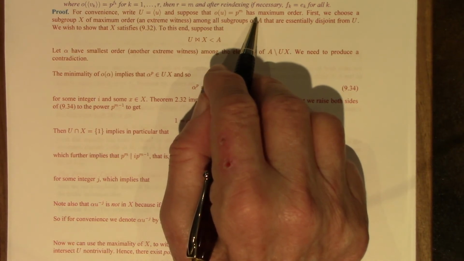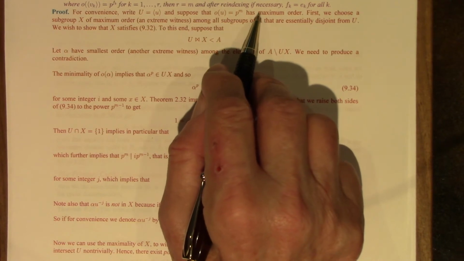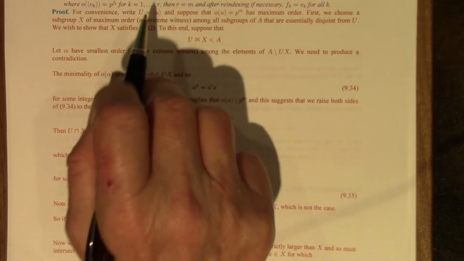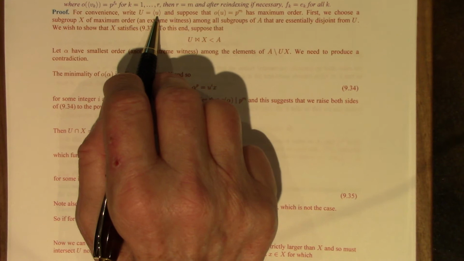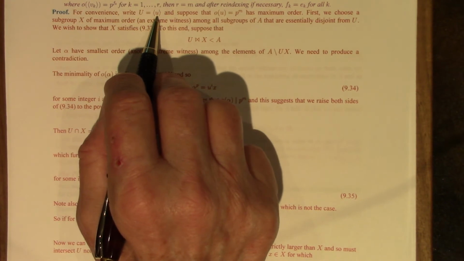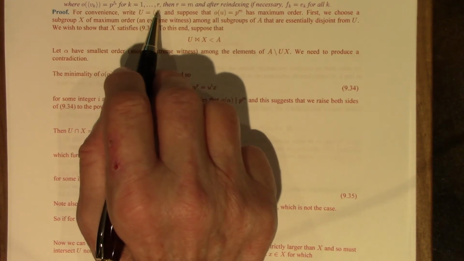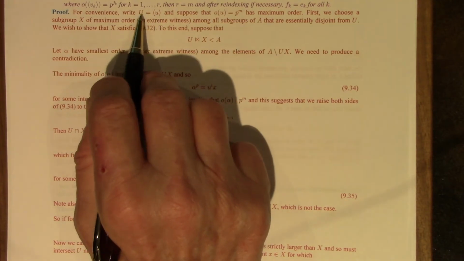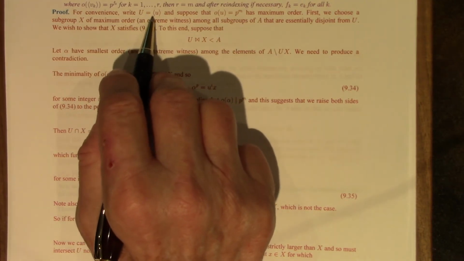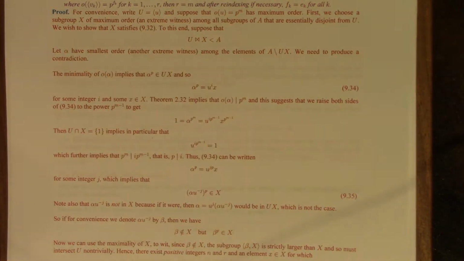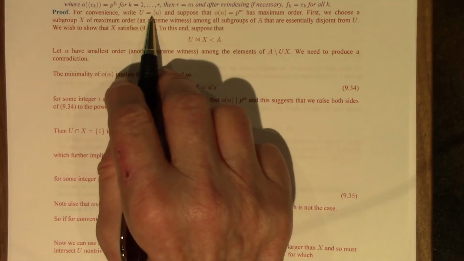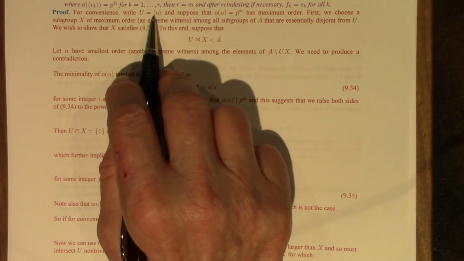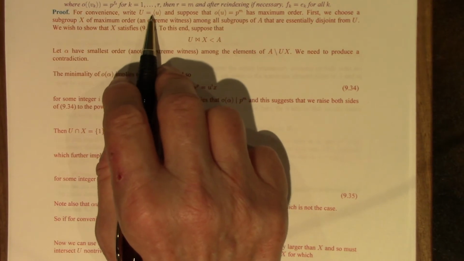Okay, now we need the direct complement of this subgroup U. We need X, capital X. It has to be essentially disjoint from U. Where shall we find it? Obviously, among the subgroups of A that are essentially disjoint from U. Well, the trivial group is, but that's obviously not going to work.